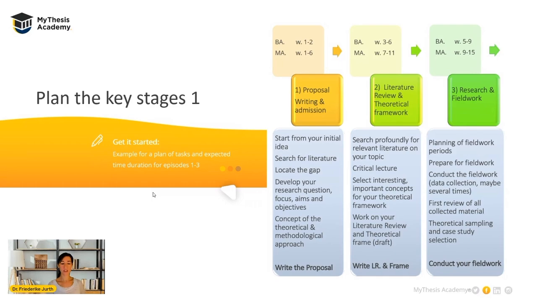So first, for the proposal writing, you should give some time for the start and for the first development of an idea.